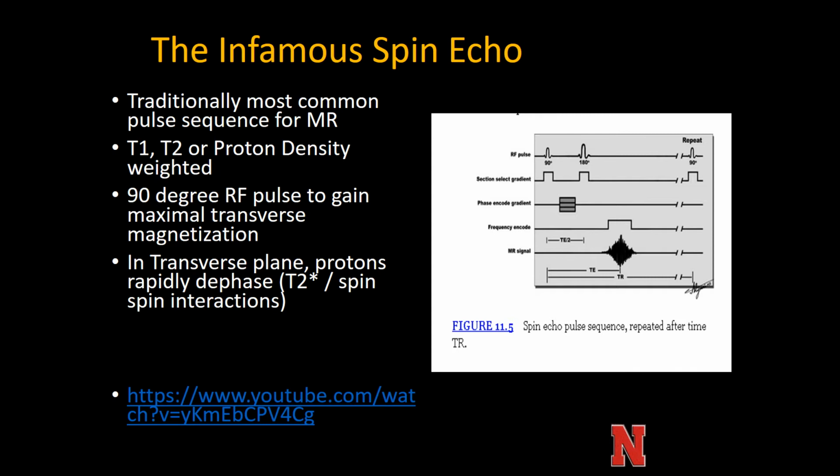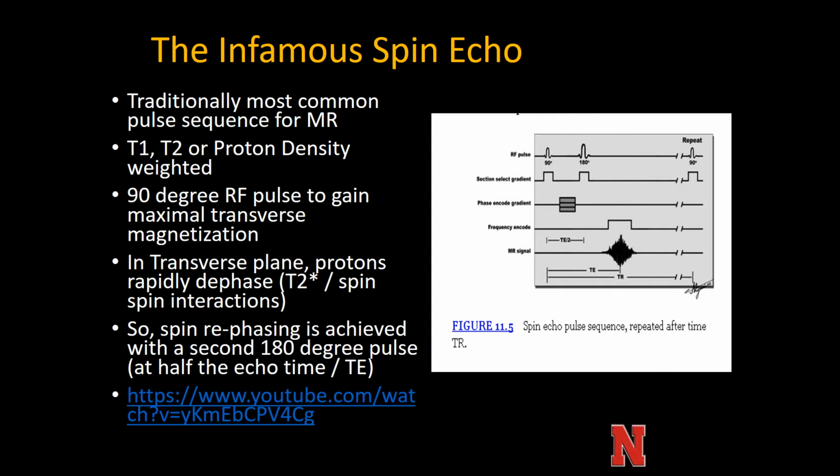So those spin-spin interactions, once you're at that 90-degree pulse in resonance, push apart and that causes the signal, right? The signal that we detect, the free induction decay, as they push apart and go back to their baseline status. So really it's the spin rephasing.